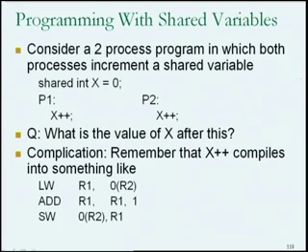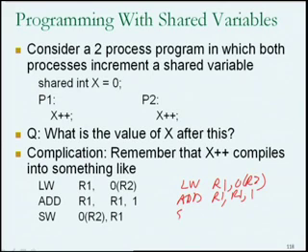So, we had a situation where process P1 and process P2 are both executing this piece of code, and let us suppose that process P1 executes initially x is equal to 0. Process P1 executes load word, so that as far as it is concerned its register R1 contains the value 0.